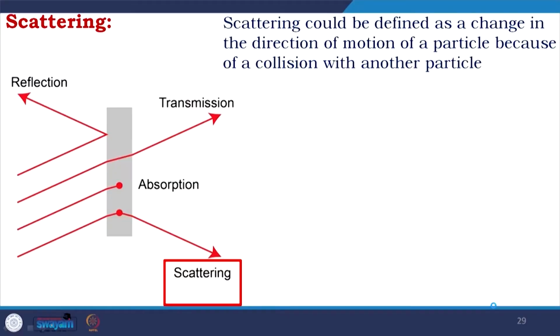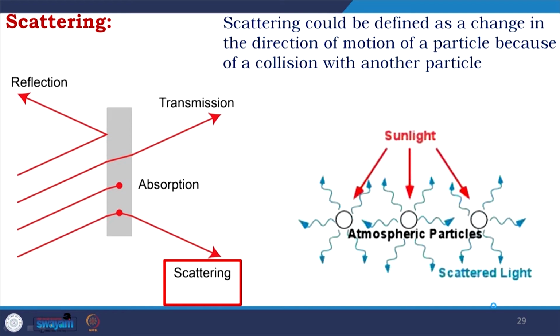So, now we will talk about scattering. Scattering could be defined as a change in the direction of motion of a particle because of the collision with another particle. If you see, the sunlight comes and hits the atmospheric particles and then it scatters.